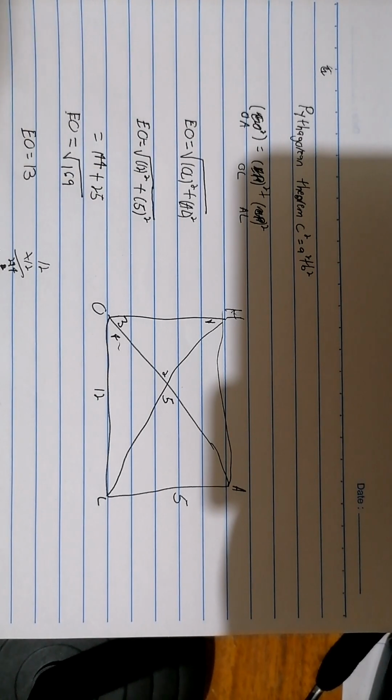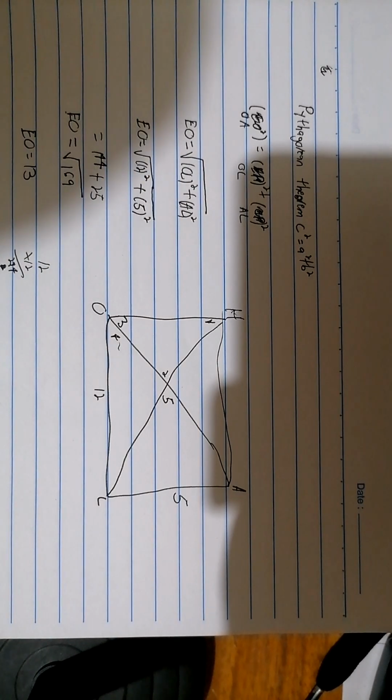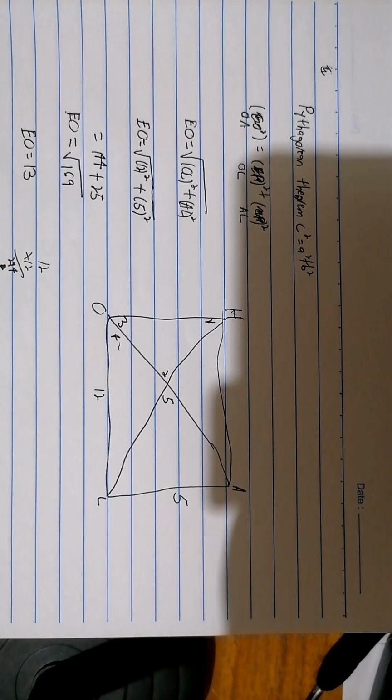So to find that, we are going to use the Pythagorean theorem. C squared is equal to A squared plus B squared. So substitute: OA squared equals OL squared plus AL squared.